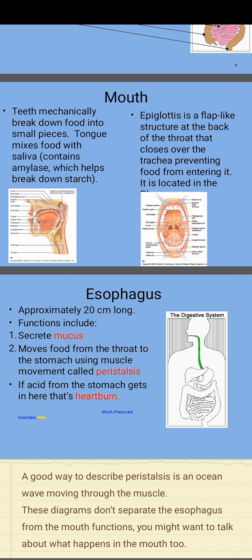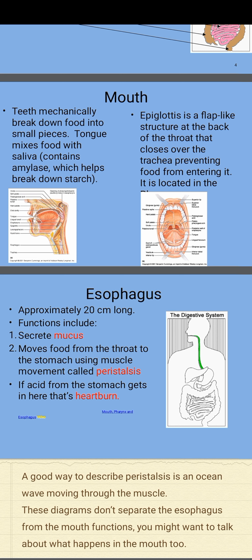The next point: if acid from the stomach gets into the esophagus, that's heartburn. Heartburn is caused when the acidity goes higher and higher, so this possibility will occur.